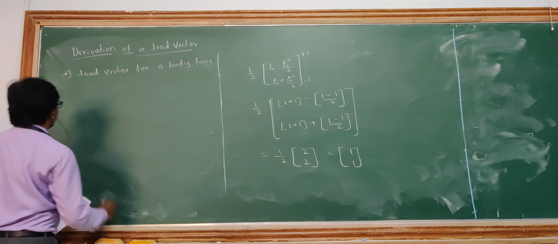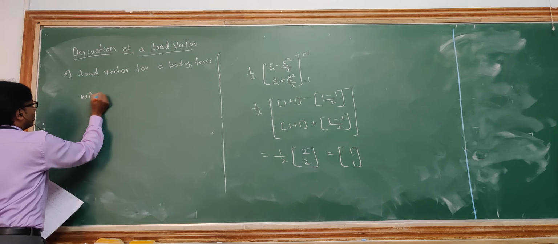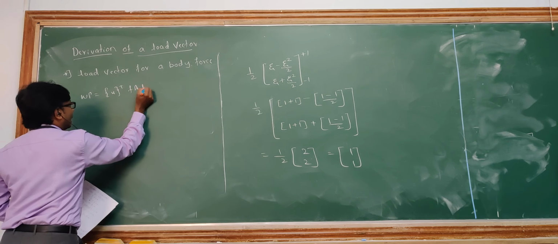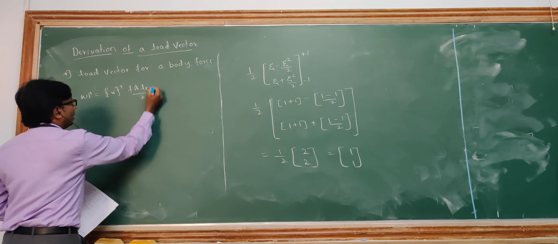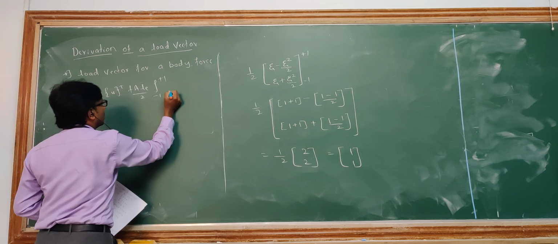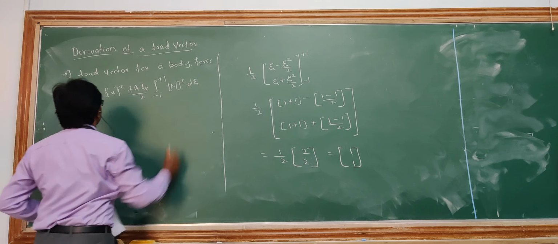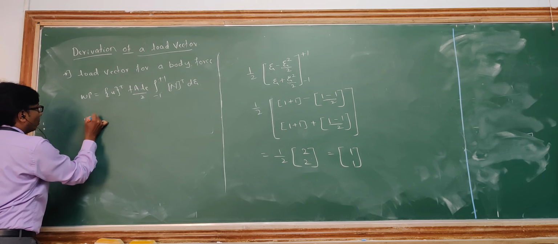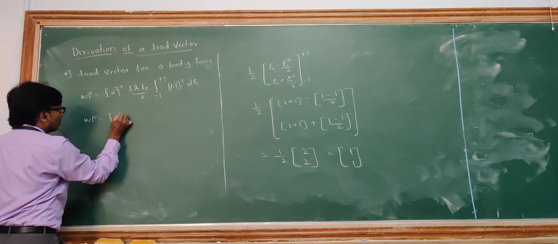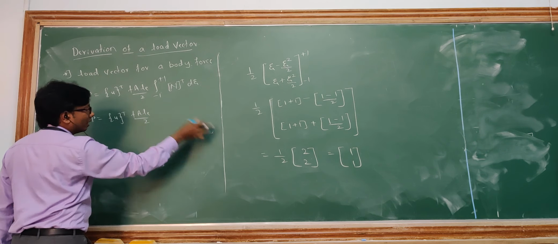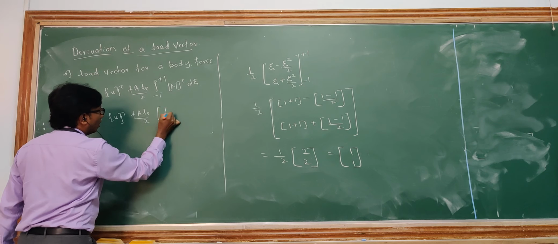You had got work potential is nothing but u transpose F A L E by 2 integration -1 to +1 N transpose into d zeta. So now work potential is equal to U transpose F A L E by 2, and this integration you got as 1, 1.